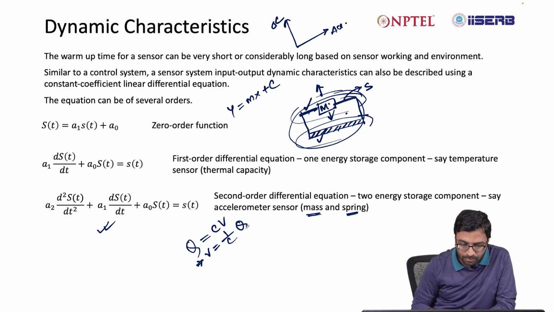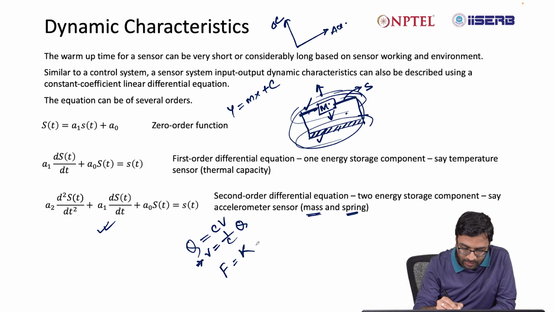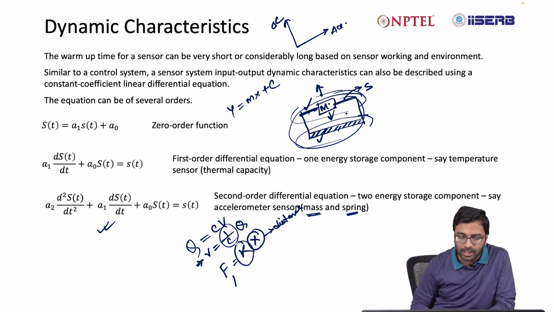So V equal to 1 by C into Q, and in case of a spring, you know, force F equal to K into X, where X is the distance. So in this case, you can see that 1 by C is almost equivalent to K, the spring constant. So the electrical component associated with a spring is a capacitor, which is a storage device.